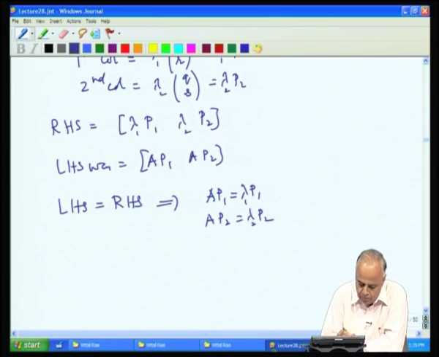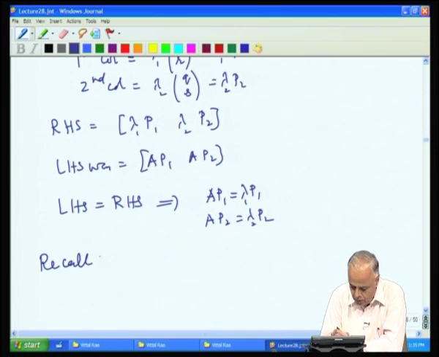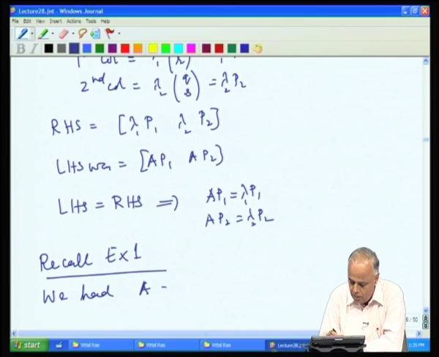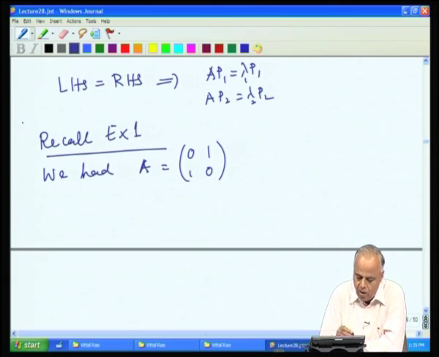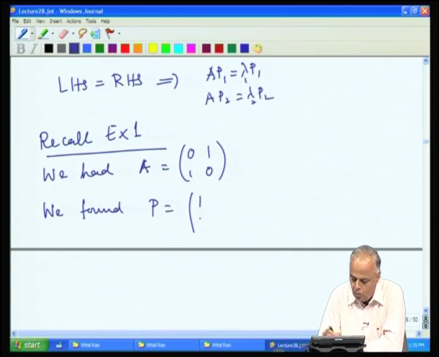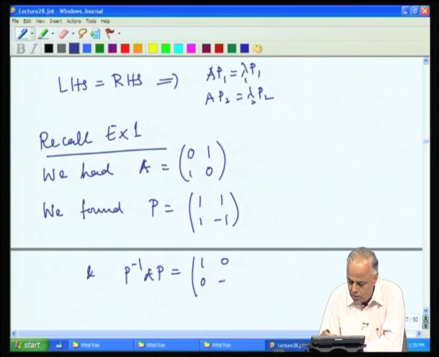So, recall example 1, we had A equal to 0 1 1 0. We found P equal to 1 1 1 minus 1 and P inverse AP is equal to 1 0 0 minus 1.